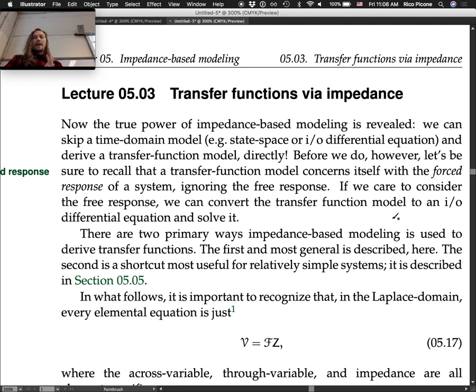So there are two primary ways impedance-based modeling is used to derive transfer functions. The first and most general is described in this lecture. The second is a shortcut, most useful for relatively simple systems, and it's described in section 5.5. And it's actually a really powerful shortcut, and you can use it on a lot of systems. So I say relatively simple.